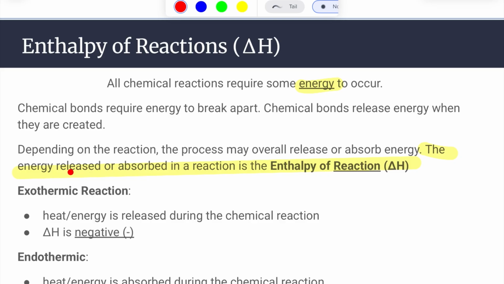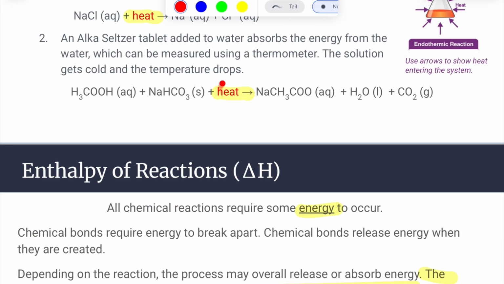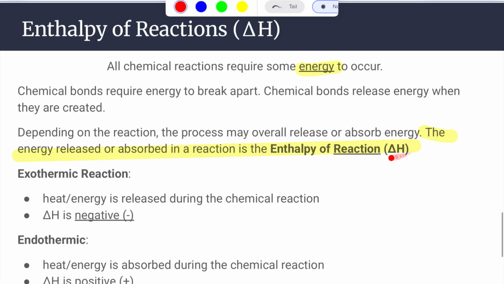Heat is that transfer of thermal energy. And so we can kind of see this heat in a reaction if we are comparing energy values. And so we're not going to see that delta H in our reaction, because that enthalpy of reaction is an energy value.